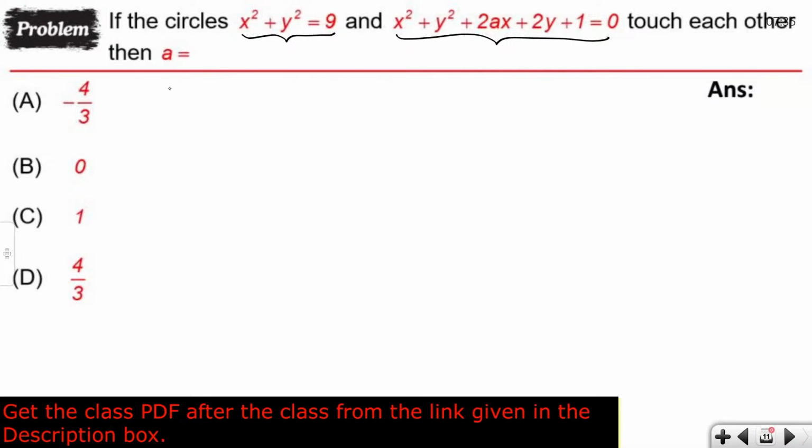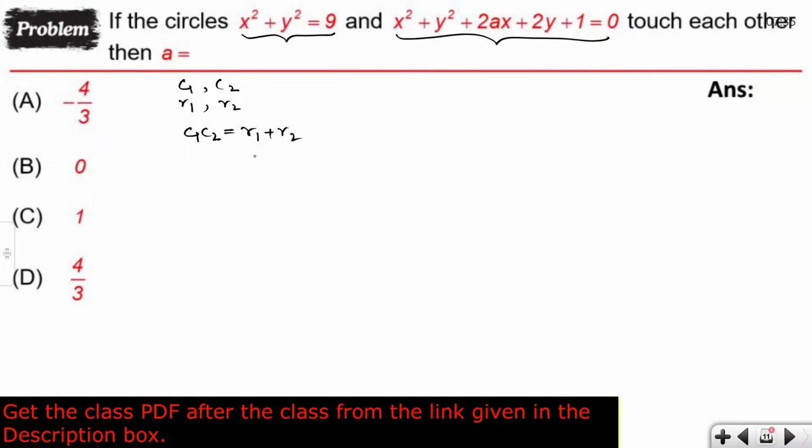But we know one thing, that if two circles touch each other internally or externally, with the centers at C1 and C2 and the radius of the first circle R1 and the radius of the second circle R2, then the distance between these two centers, if they touch each other externally, will be R1 plus R2.